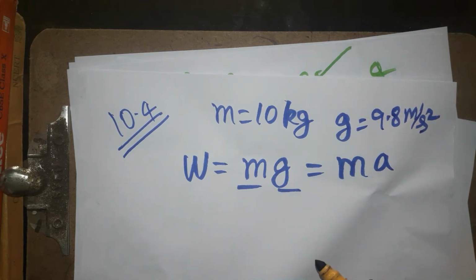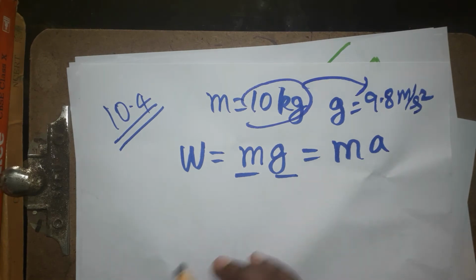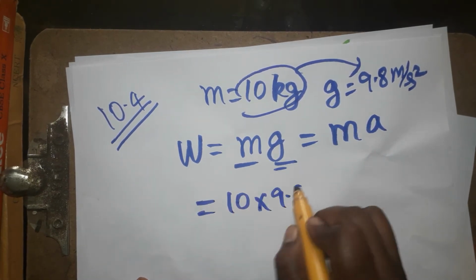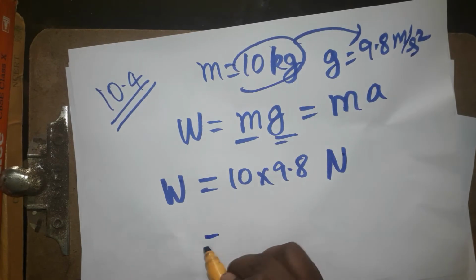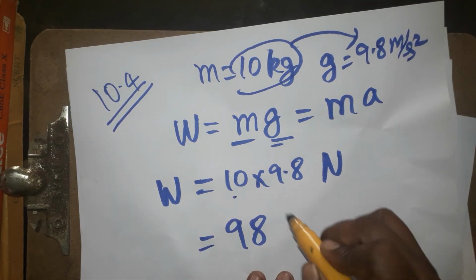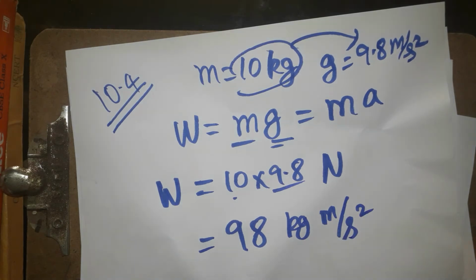Acceleration will be 9.8. Always, if you multiply the mass with 9.8, you will get weight. Mass is 10 kg, g is 9.8. So it is the force, unit Newton we can write. Otherwise, kg meter per second square, like that also you can write as Newton.